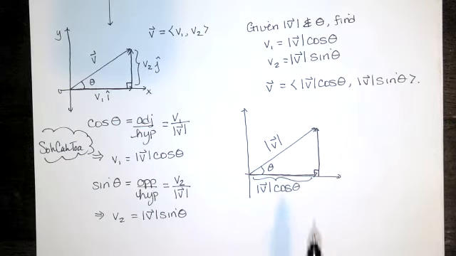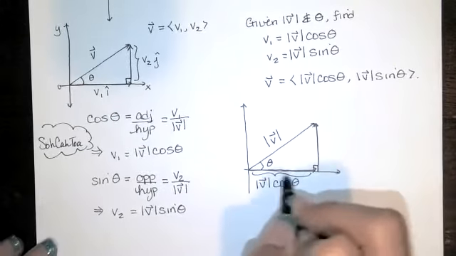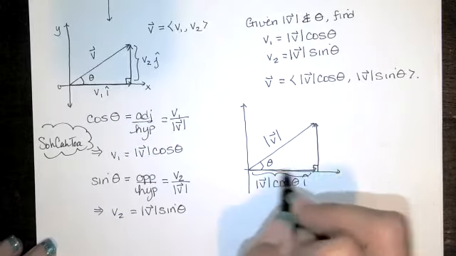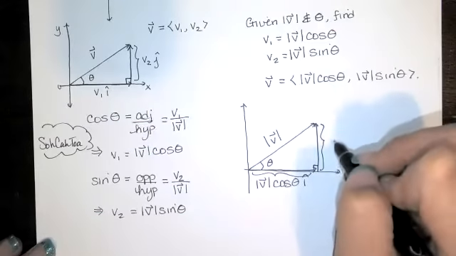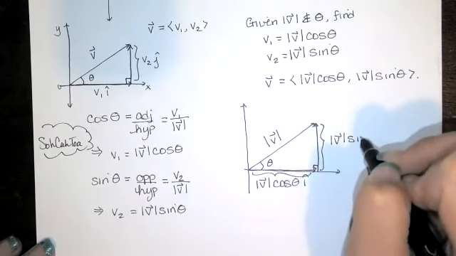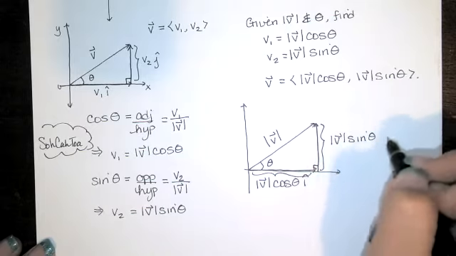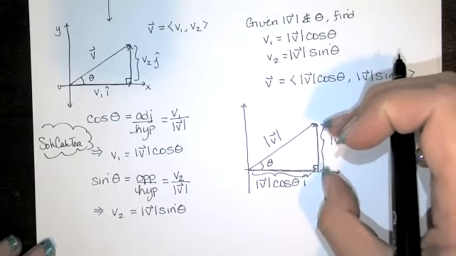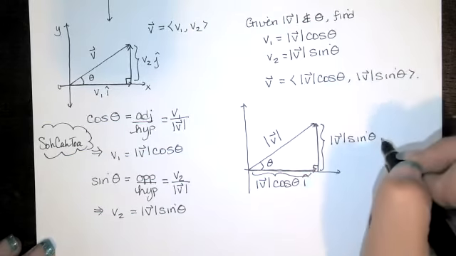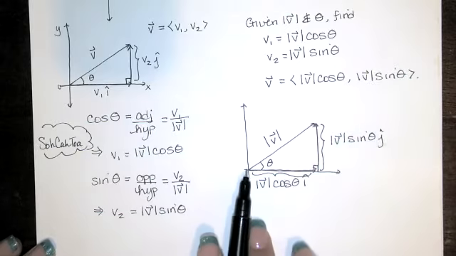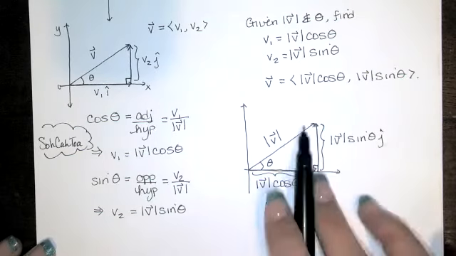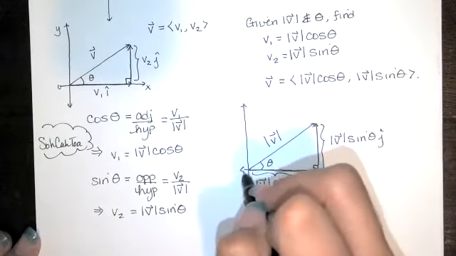That cosine would just be negative in that case. But we have that times i hat to give us that vector there. And for the opposite side, we've got the magnitude of V times sine of theta. That's the numerical coefficient there. We're going to multiply that by j hat. This times i hat plus this times j hat gives us that vector V over there.